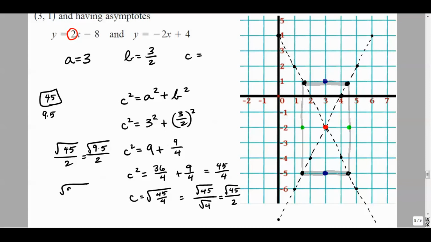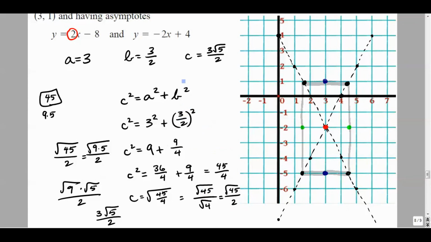So take it a step further. Radical 9, radical 5, all over 2 is 3 radical 5 over 2. And all this is basically just algebra, being able to work with exponents and square roots and all that stuff.